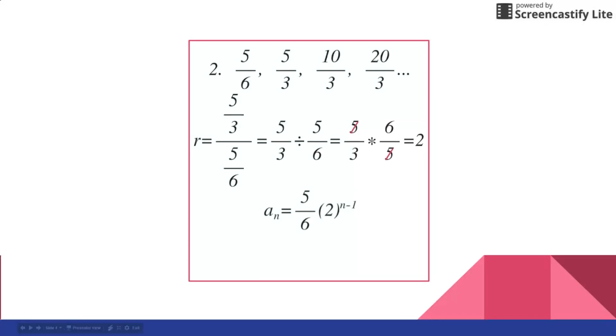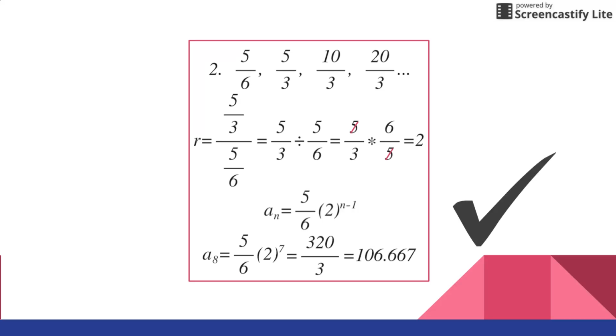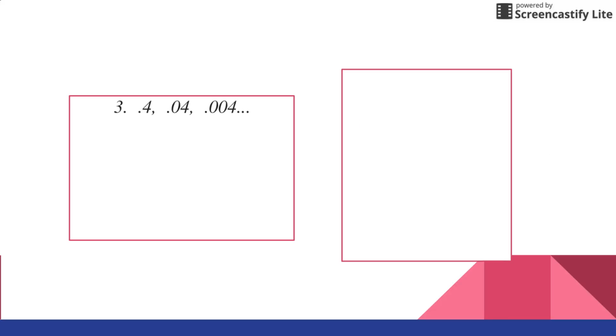So now we're going to plug in 8. So 8 minus 1 is 7. And so the answer can be simplified to 320 thirds, which is actually 106.667. And that's it.